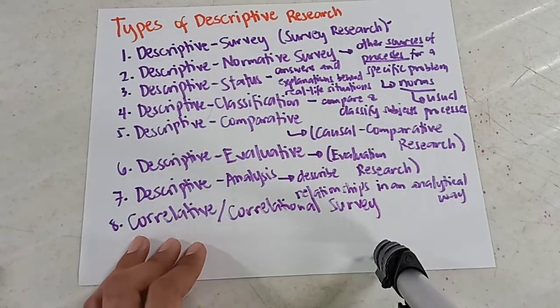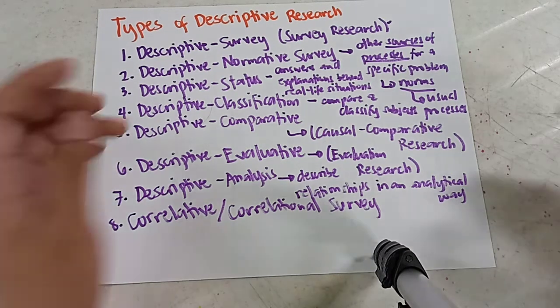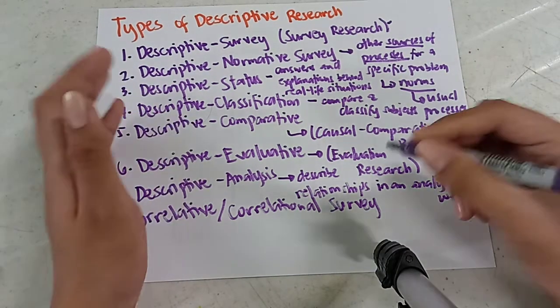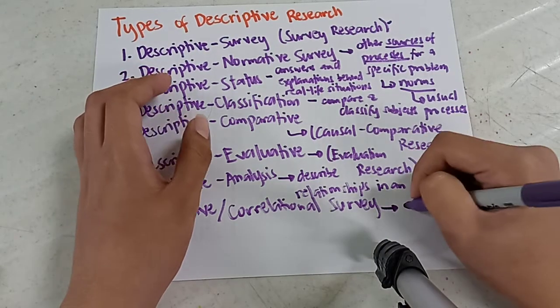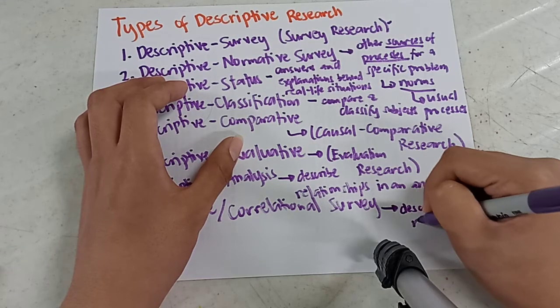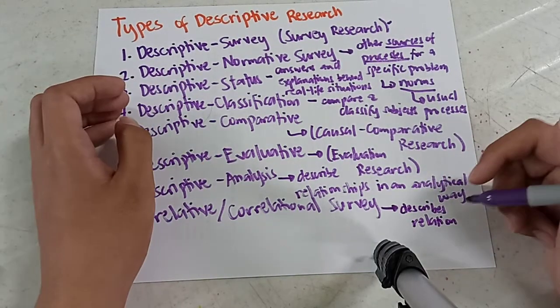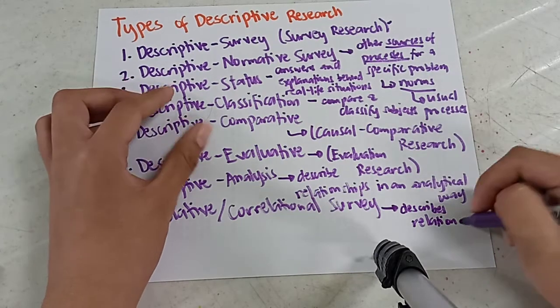In correlative survey, it aims to determine whether the relationship between the variables is positive, negative, or neutral. Okay? Meaning to say, it describes the relationship as a whole. So correlative survey is correlational research.